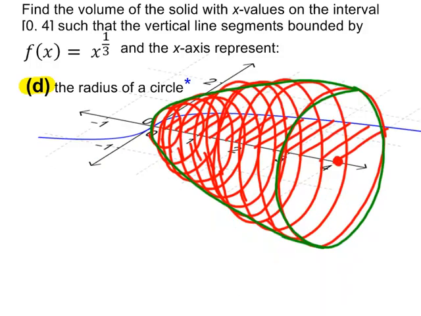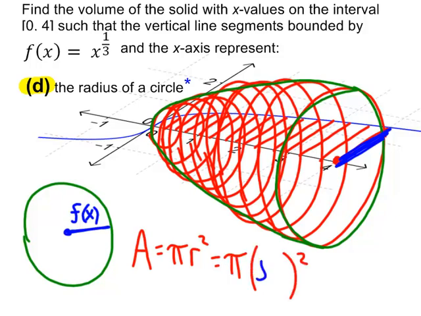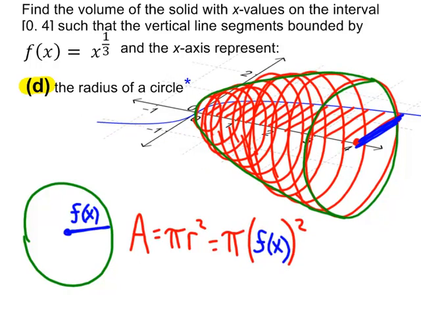And off to the side, we'll draw a representative circle here. And notice that this f of x distance is now the radius of this circle. So when we write area of a circle is pi r squared, in this case that will be pi times f of x squared.